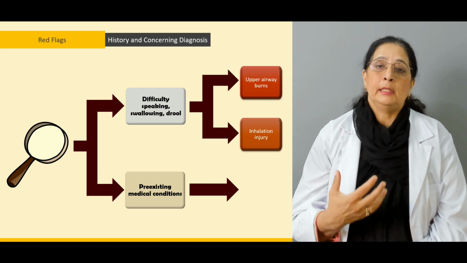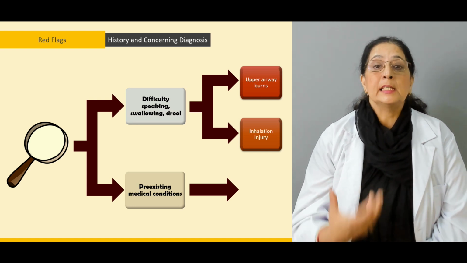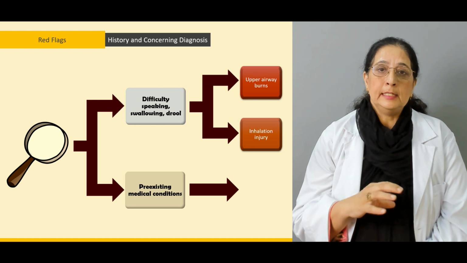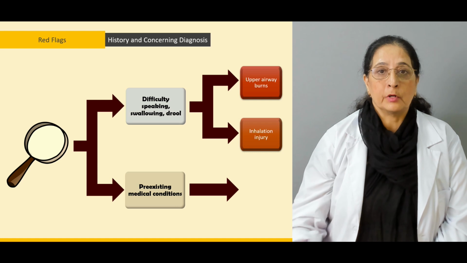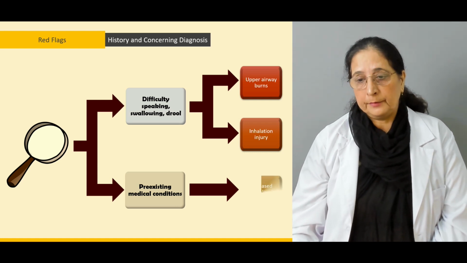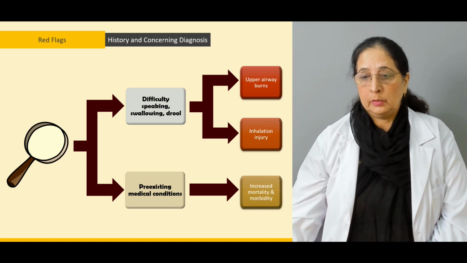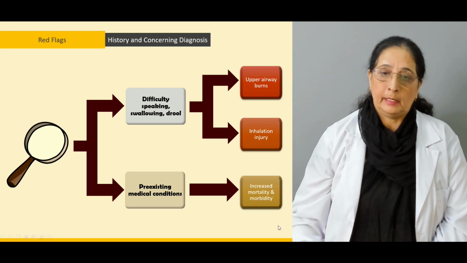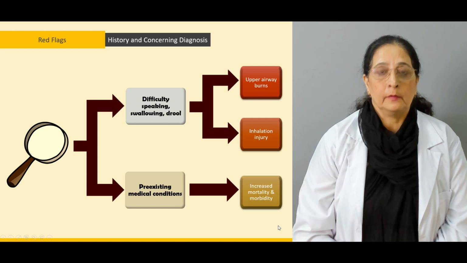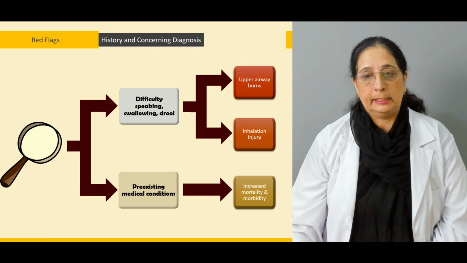Similarly, patients with heart problems, congestive heart failure. So all these pre-existing medical conditions play an important role in the outcome of the burn patient. This can increase the mortality and morbidity if there is a history of pre-existing medical condition.